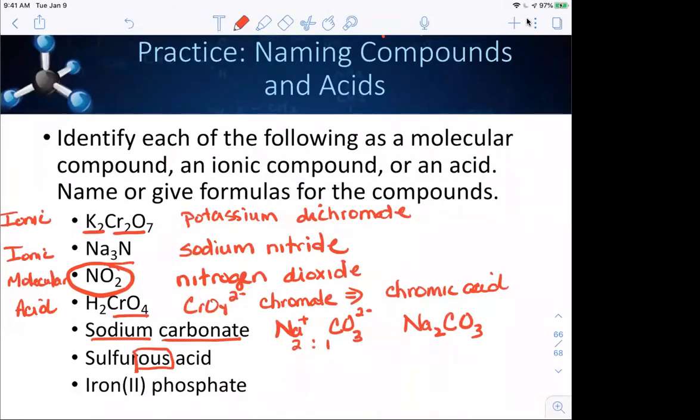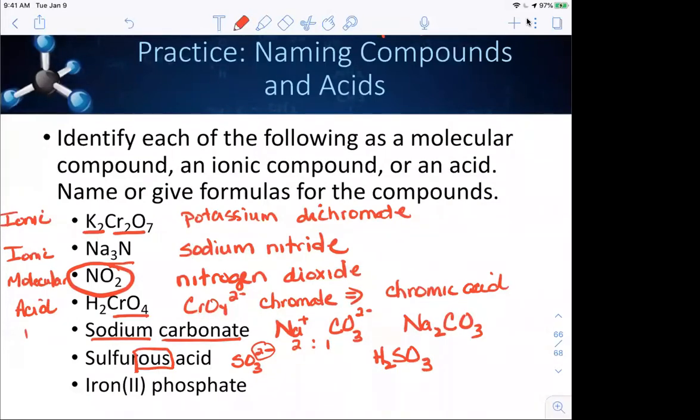Sulfurous acid, that's going to come from sulfites. So I have a 2 negative, so I need 2 hydrogens. And then I'm going to use the sulfite anion, which has 3 oxygens instead of the sulfate, which has 4.